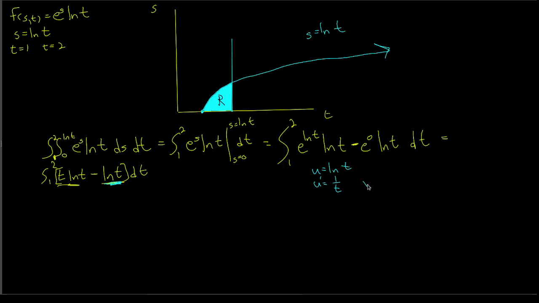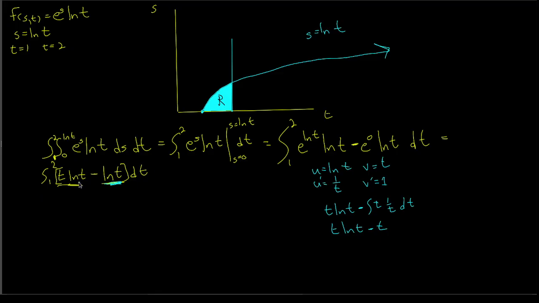That means v prime was 1, and v came from t. So u times v is t natural log of t, minus the integral of v du, or t times 1 over t dt. And so t ln t minus t. So the second part of this is t ln t minus t.